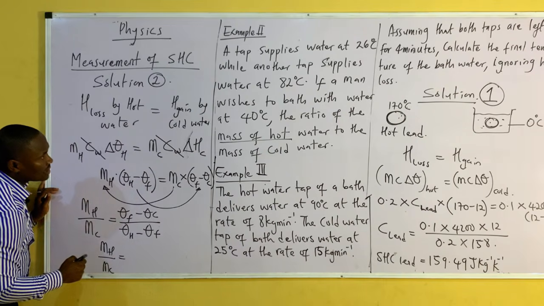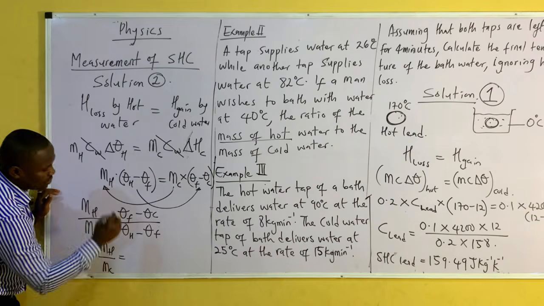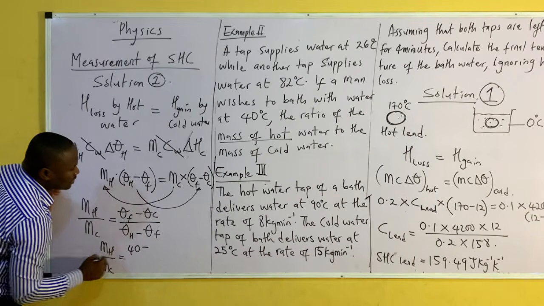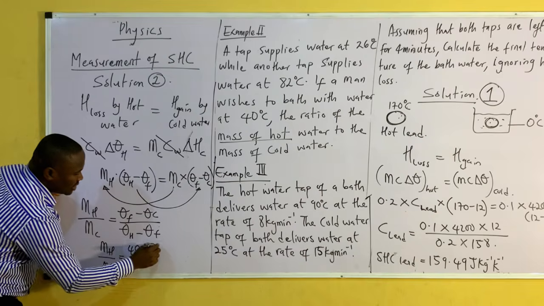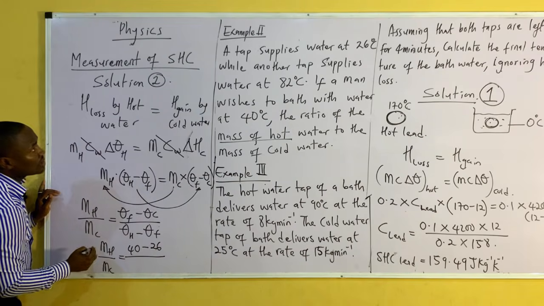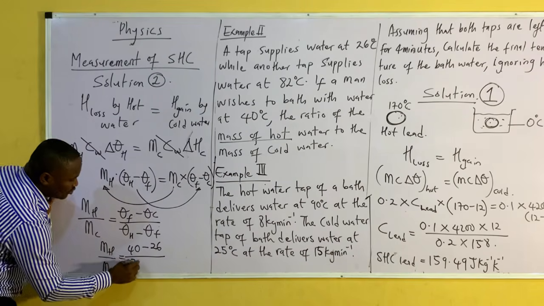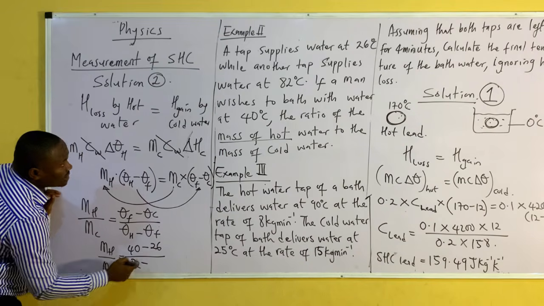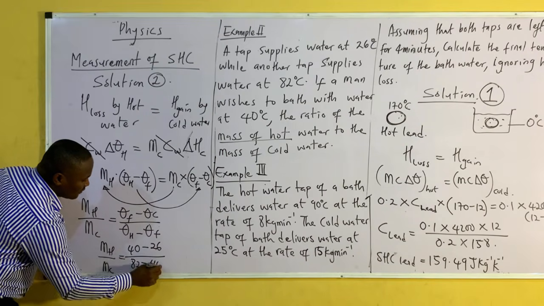So the ratio of mass of hot over mass of cold is now equal to, what's our theta final? Theta final is 40. So 40 minus what's theta cold? 26, over what's theta hot? Theta hot is 82 minus theta final, which is 40.